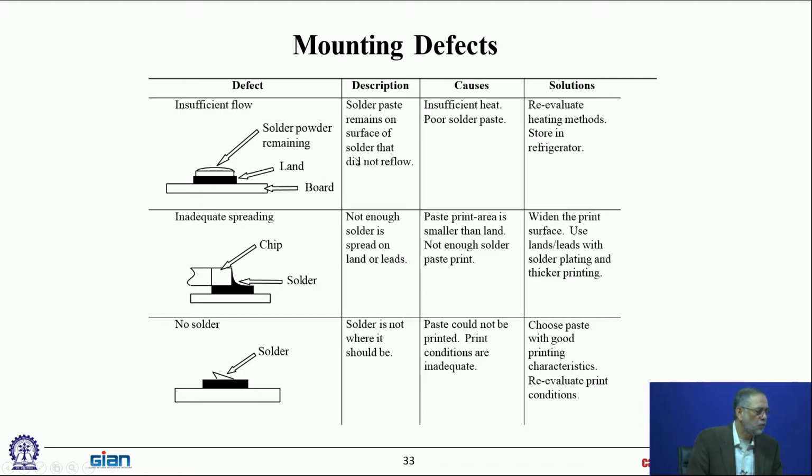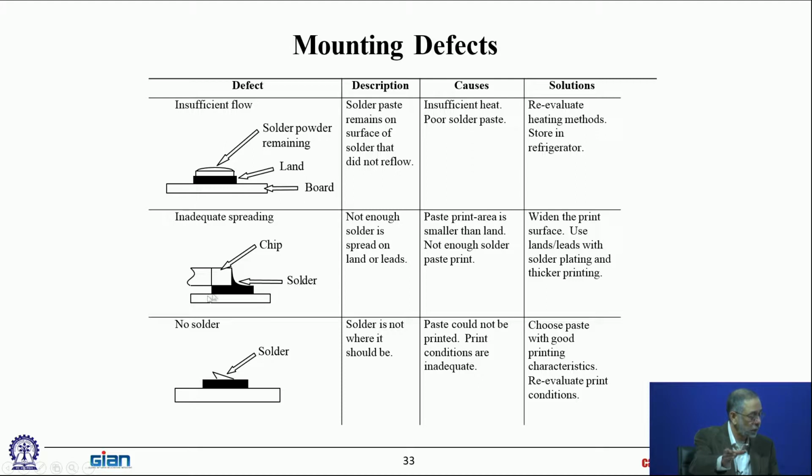Insufficient reflow. It didn't reflow properly, so the temperature didn't get up to melt temperature, so the solder never completely melted, so it remains over there. Inadequate spreading: if the wetting was poor on the pad, it didn't really spread. It stayed in the block that the print process had put down.